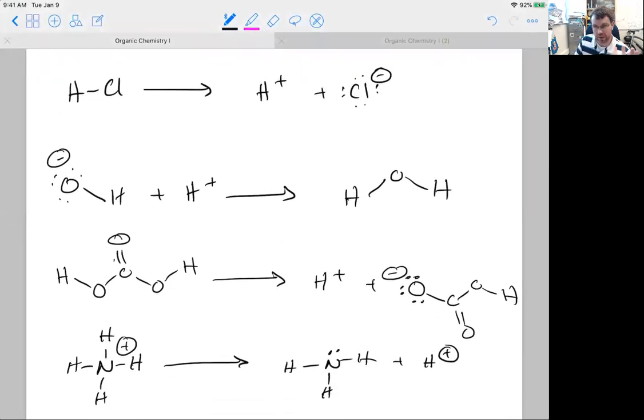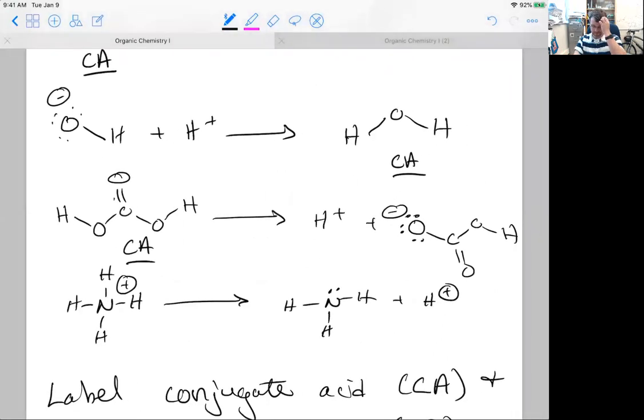So the thing that results from accepting an H+ is the conjugate acid. So the Ca in this case is HCl. It's the structure that results after we accept H+. And in these first three cases, it's the neutral structure.